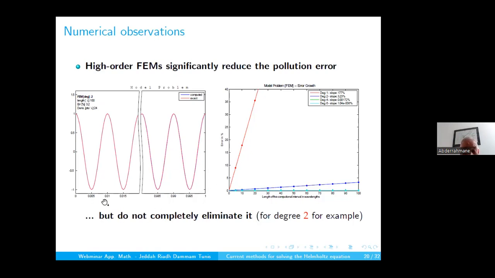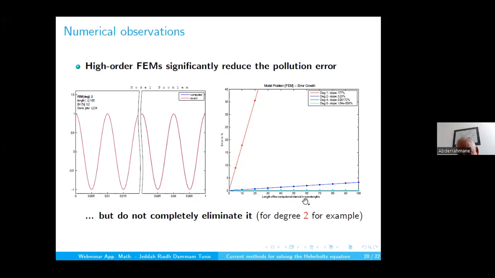For instance, here, if you consider the same problem with 100 wavelengths, but at degree 2, keeping the same number of nodes per wavelength and not augmenting the size of the system, you see that you significantly reduce the pollution error, and there is no phase error.